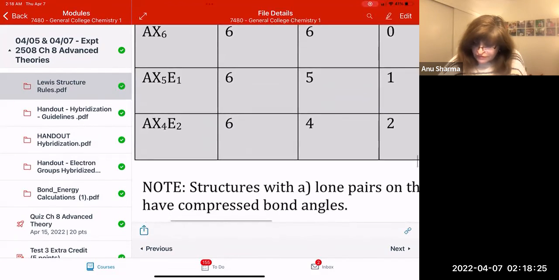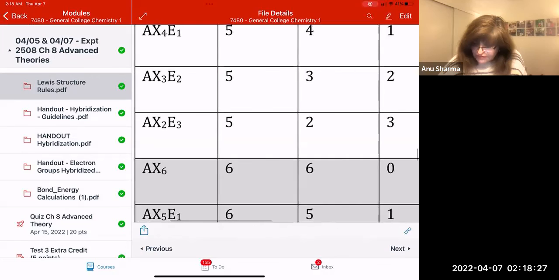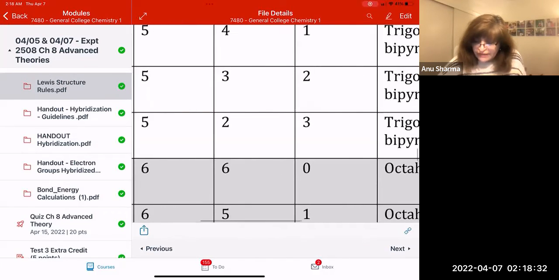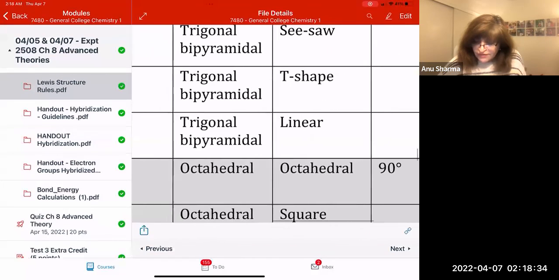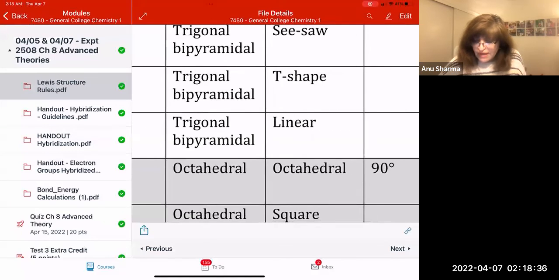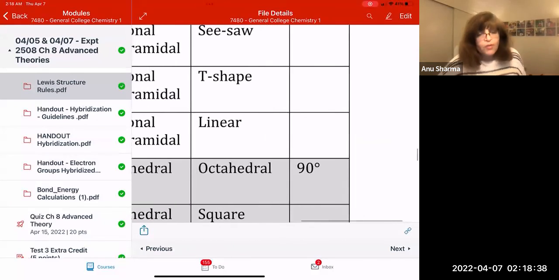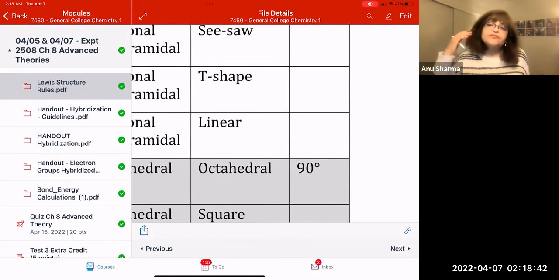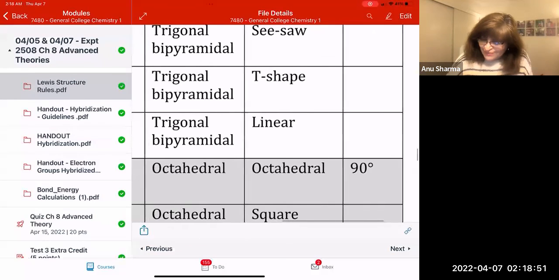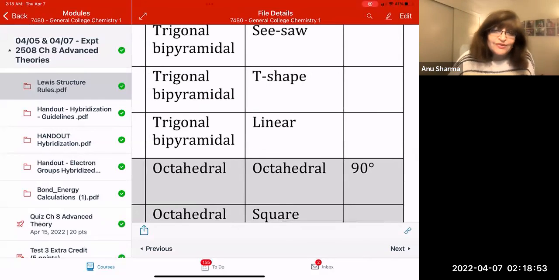So on xenon, 5 electron groups, 2 bonded atoms, 3 lone pairs, relates to trigonal bipyramidal. And the molecular shape would be linear. From outside, we won't be able to see the lone pairs. So it's flat, linear, but really, if we count that, the real shape internally is trigonal bipyramidal.